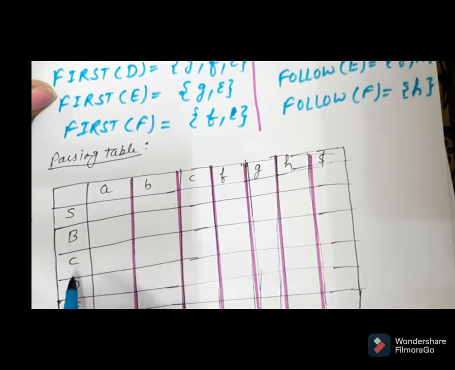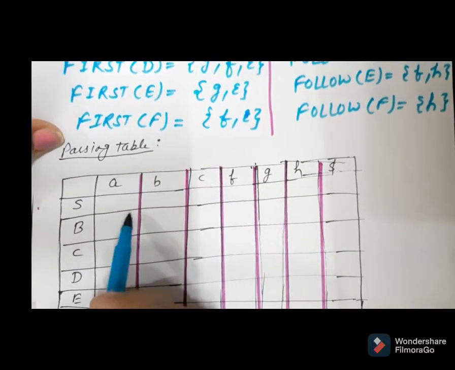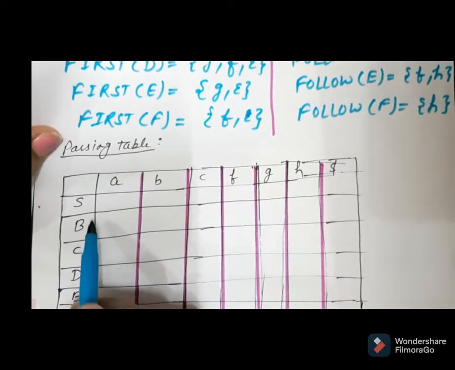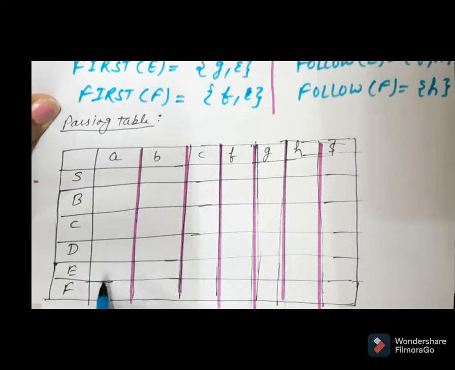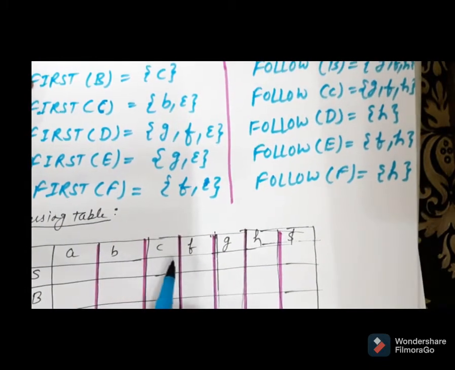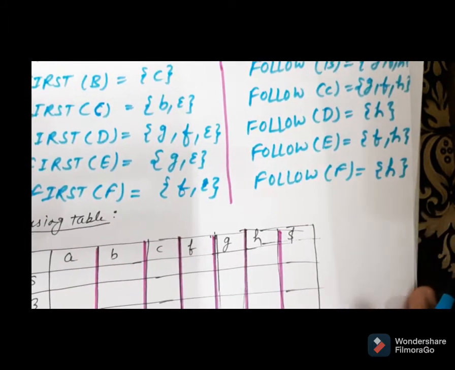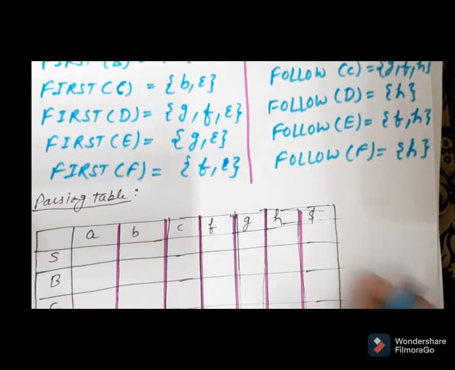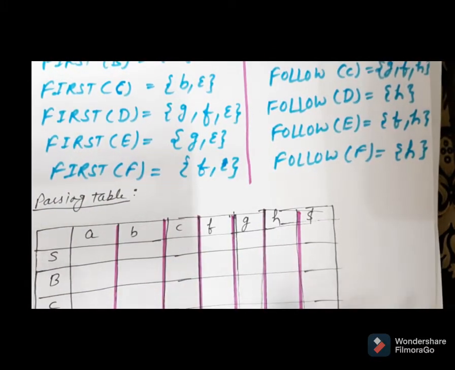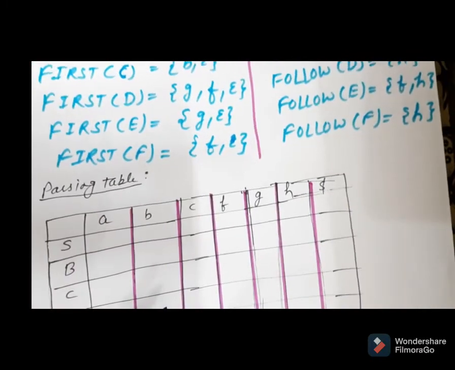These non-terminals which I have written here are S, B, C, D, E, F, and all are represented with capital letters, and these are terminals A, B, C, F, G, H, dollar. All these are represented with small letters. Now I have to fill these cells with the help of the steps which I explained.